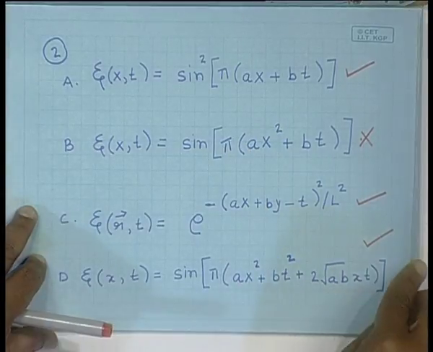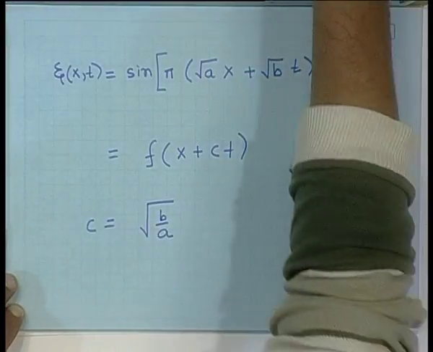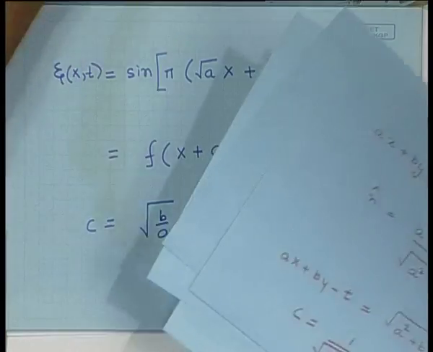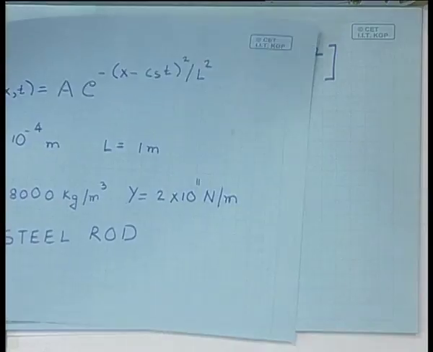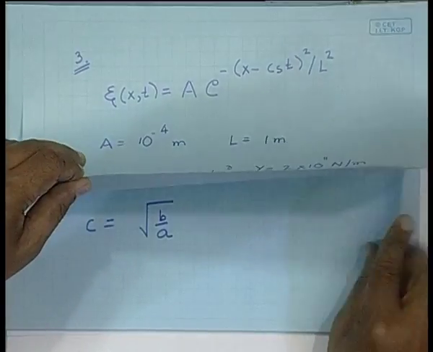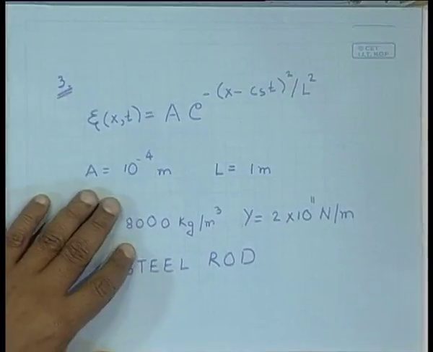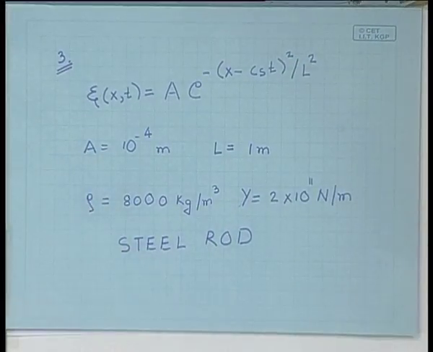Let me now take up a different problem, the final problem which we shall be discussing today, and this problem is as follows. In this final problem, we have a disturbance in a steel rod.